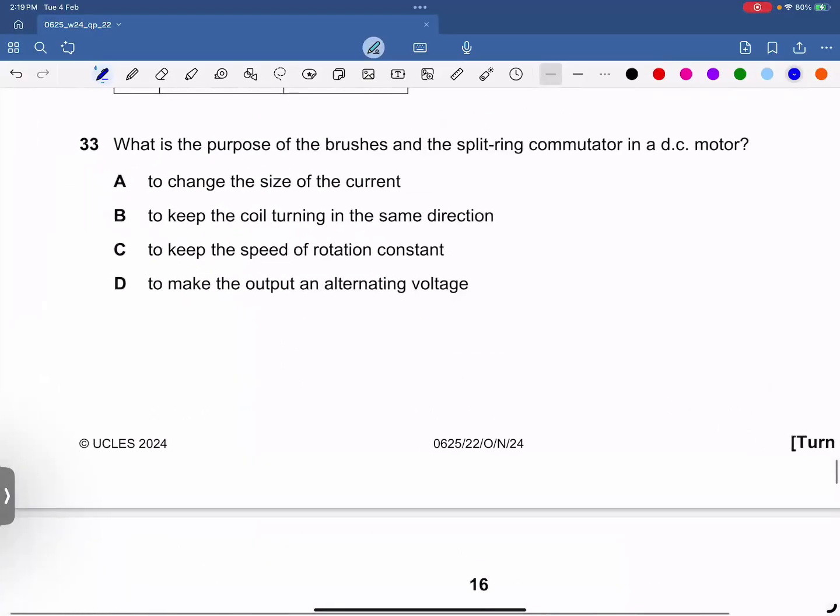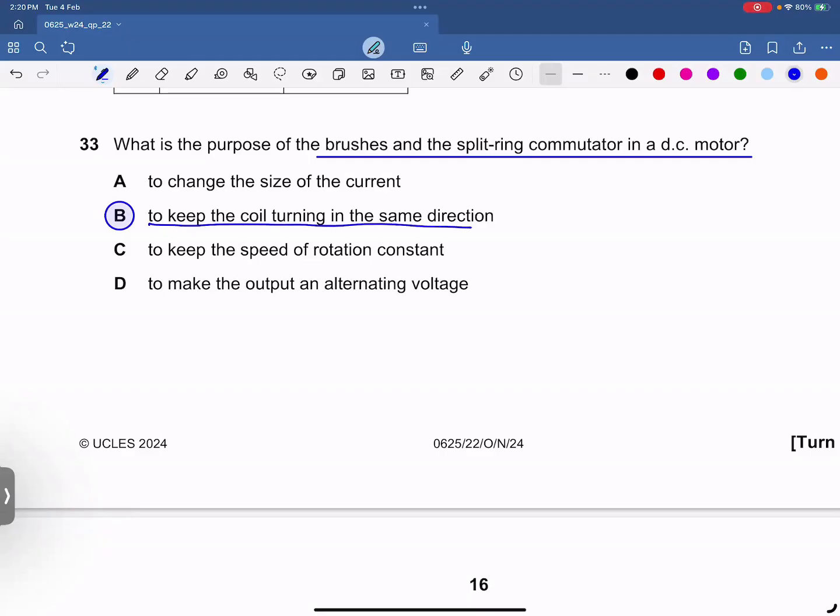Question number 33. What is the purpose of brushes and split ring commutators in the motor? To ensure the continuous rotation of the coil in one direction, because it reverses the current every half rotation. So to keep rotation in the same direction, option B.